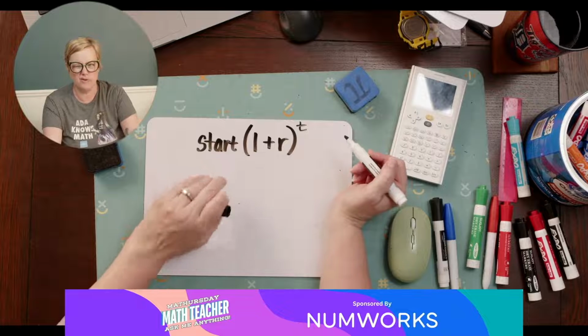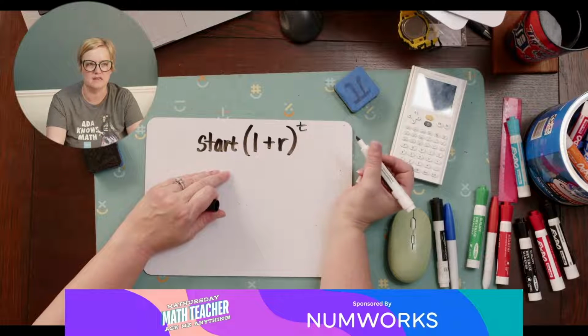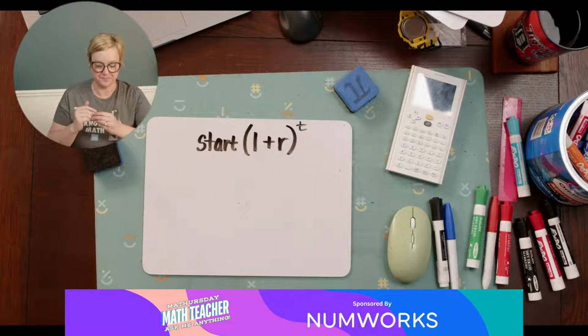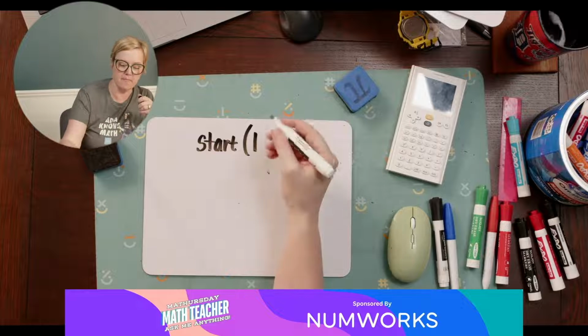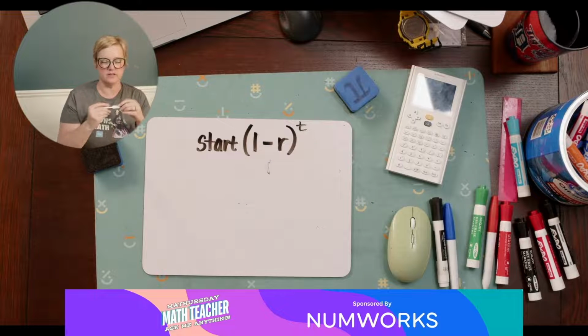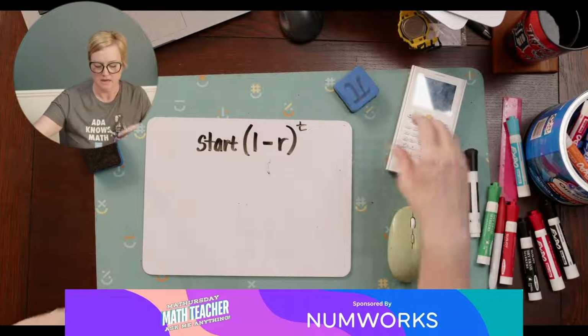I can't remember what we use for start. I don't think it's P. I don't think it's X. But anyway, if it were exponential decay, you would do 1 minus r to the t, right? That's usually if you're talking about population growth or demise.